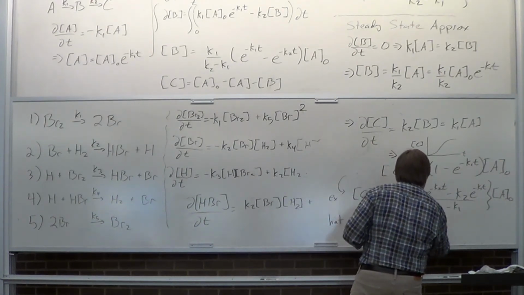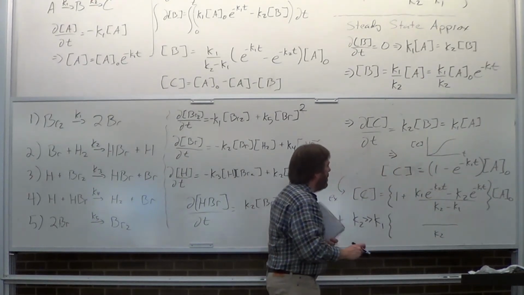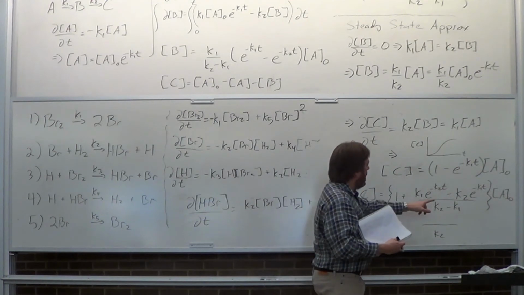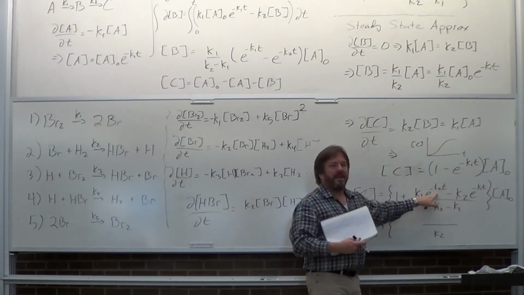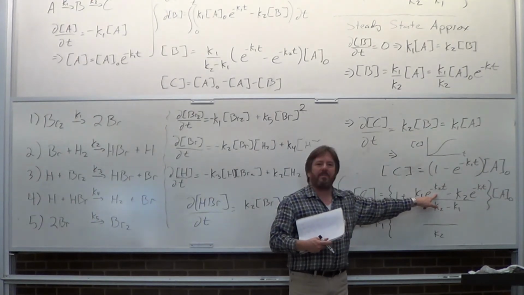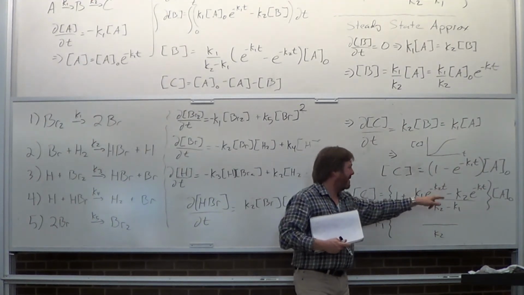On the bottom is now just K2. The reason is that this gets wiped out. E to the minus big number is what? Zero. It's wiped out.